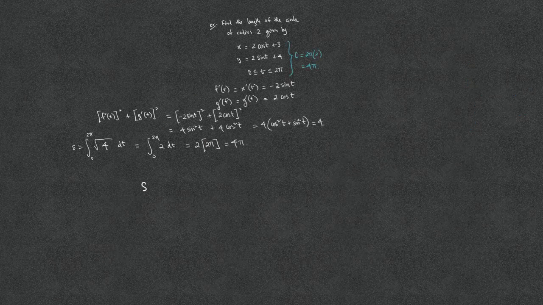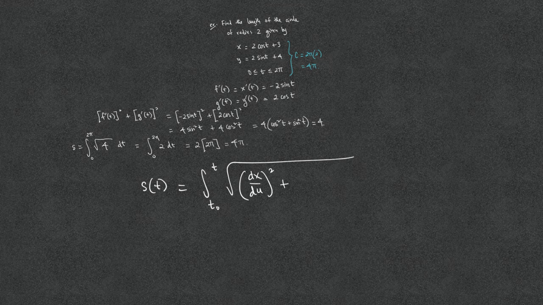The arc length function of t is the integral from t naught to t of the square root of dx du squared plus dy du squared, du. Notice that we use u in this case because the upper limit of integration is a variable t already.